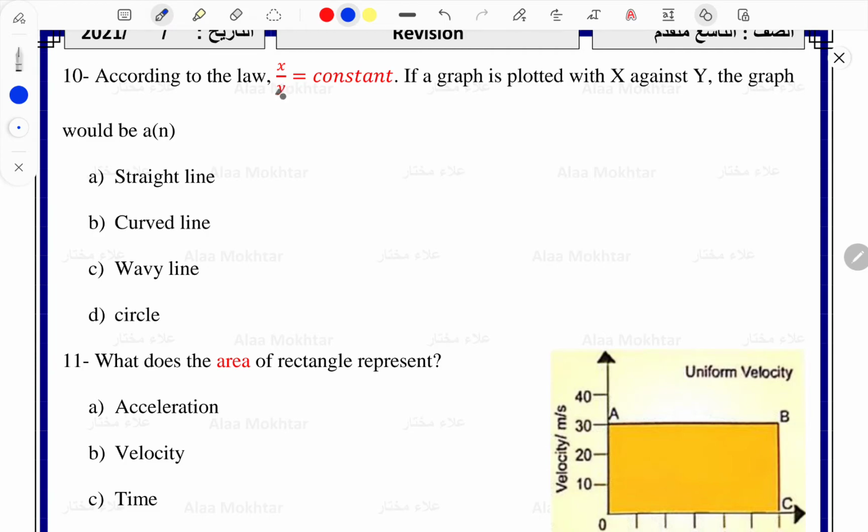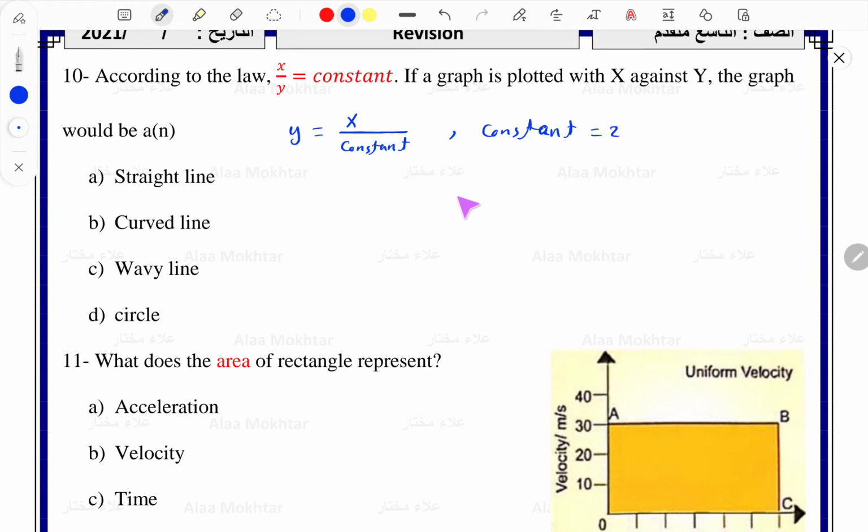If I write y from this equation, y will equal x divided by the constant. Suppose the constant equals 2, or any constant.